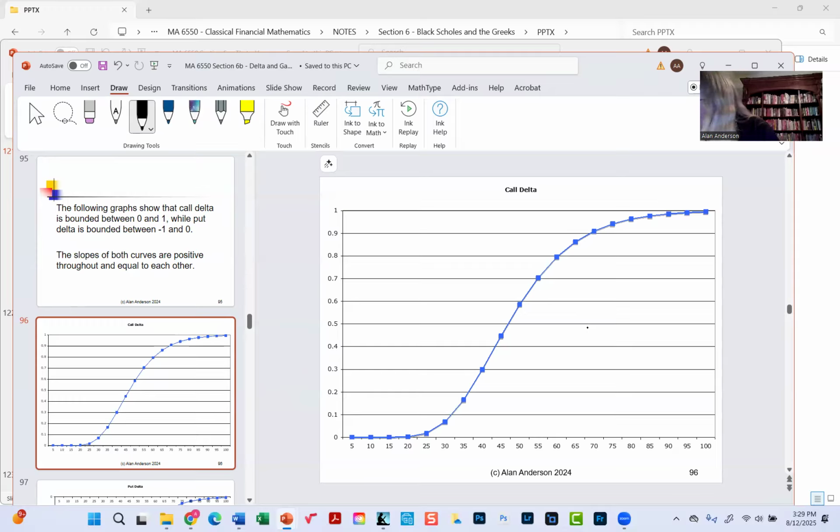You can tell because it's always positive, but right about here is where it peaks. The rate of change of this curve is flattening out, it rises, and then it starts to slow down again. So anyway, this is where the gamma will be reaching its maximum.